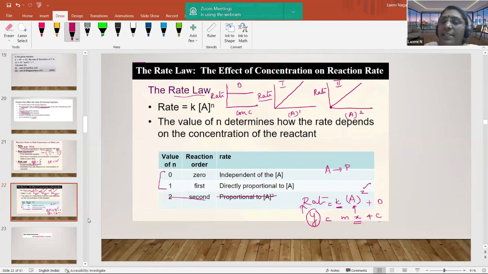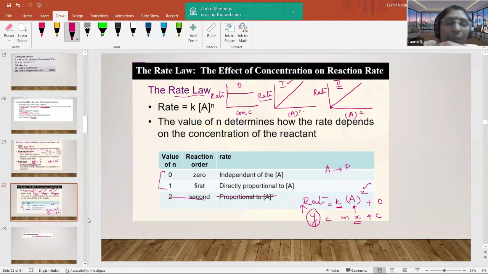A straight line is obtained with rate versus A to the power 1 only for a first order reaction. The reaction I told you is a second order reaction, but you are trying to force it on rate versus A to the power 1. Will you get a straight line, teachers?